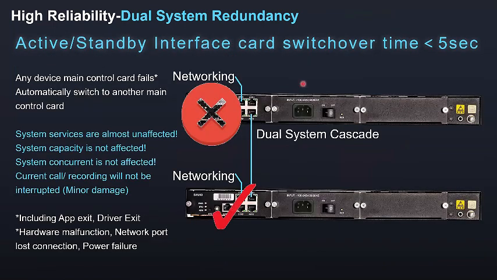Yeah, more on the high reliability. So as you can see here, if any device's main control fails, it will automatically switch to the other main control card. So it means that the systems are almost unaffected. And of course, the capacity is not affected. So the system concurrent call as well is not affected at all.